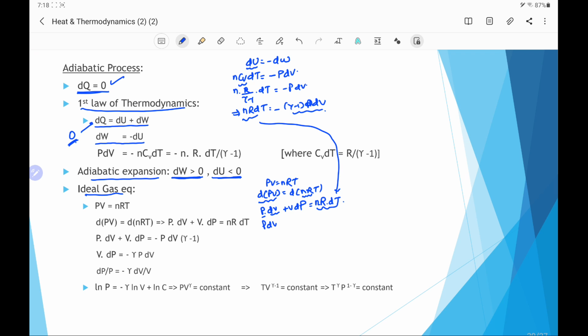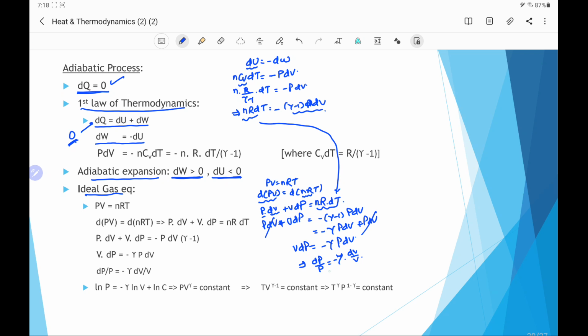We will have P dV plus V dP equal to minus (gamma minus 1) P dV, and on expanding it, it is minus gamma P dV plus P dV, and this P dV gets cancelled, so we write V dP equal to minus gamma P dV, or we can write it as dP by P equal to minus gamma dV by V.